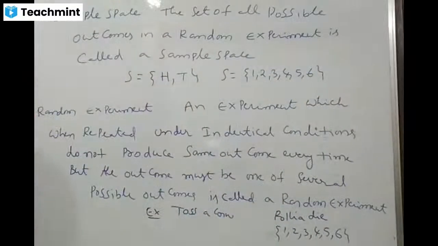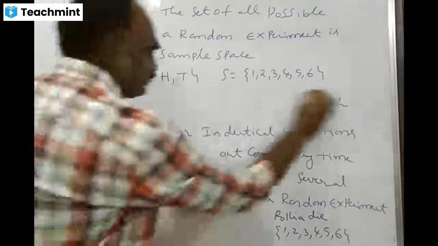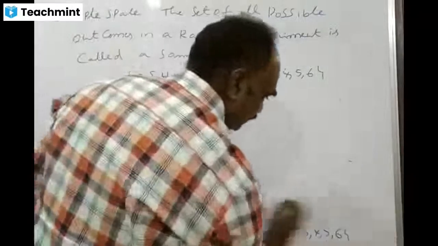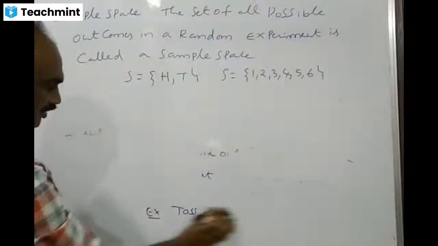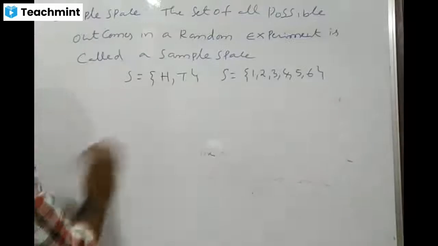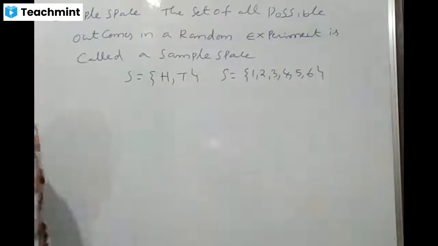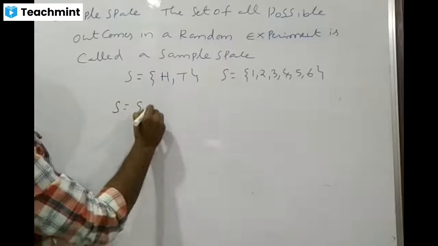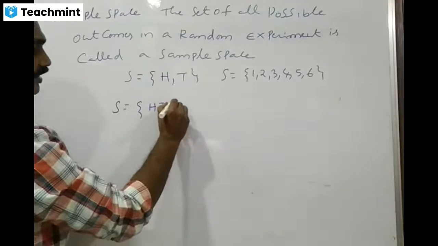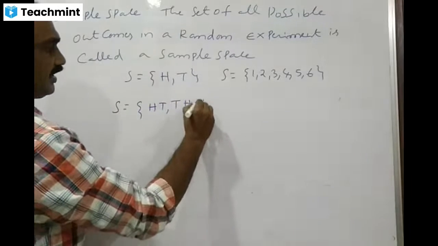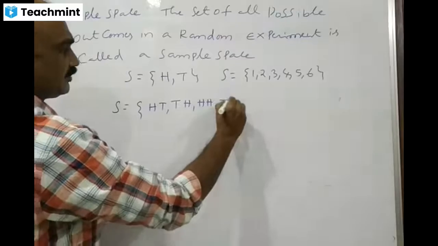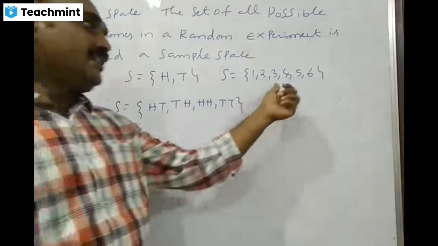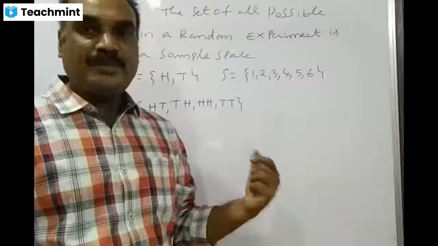Friends, when a coin is tossed two times, what are the possibilities? HT, TH, HH, TT.